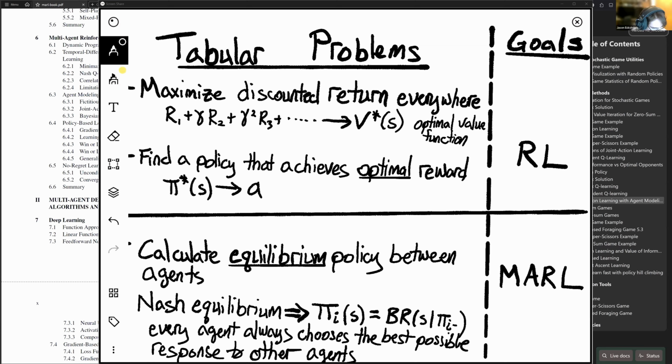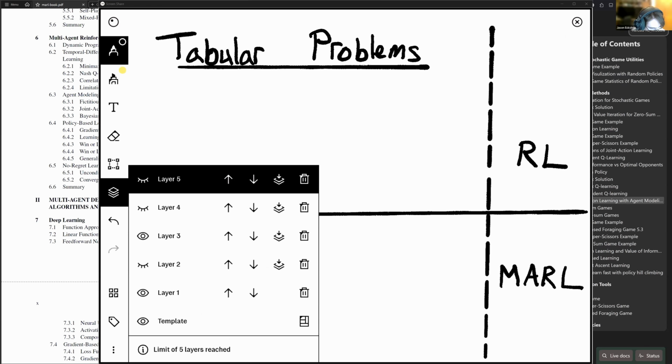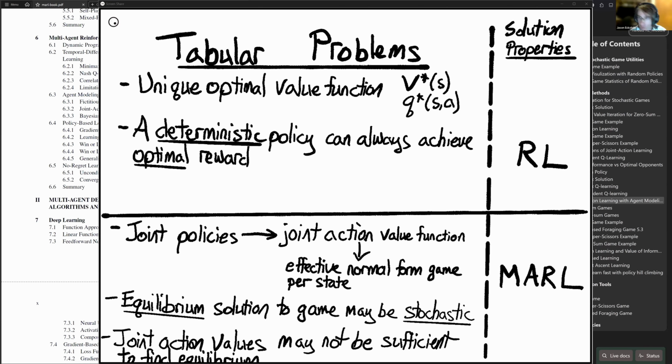Okay, so those are the goals of the two techniques. Now, in terms of what the solutions actually look like, we know that for ordinary reinforcement learning, there is a unique optimal value function, whether it's the state value function or the state action value function, where we can work with either one.